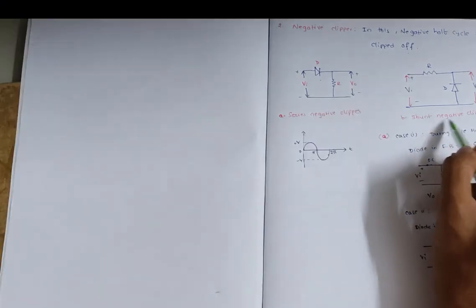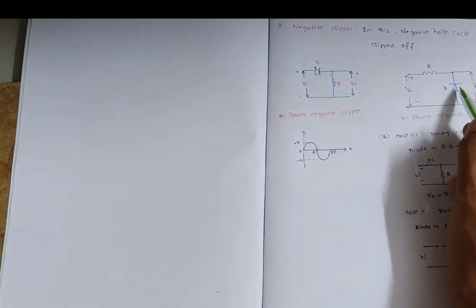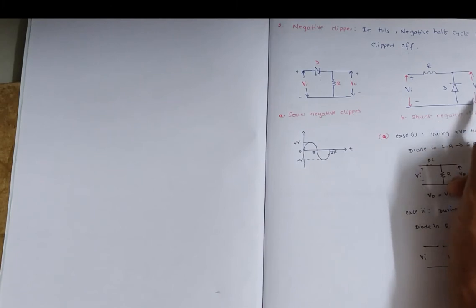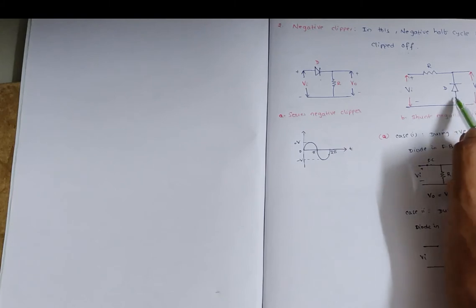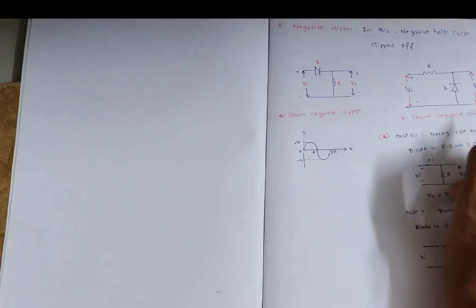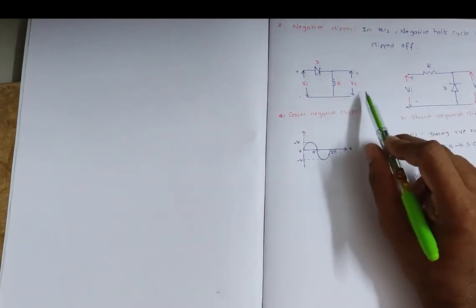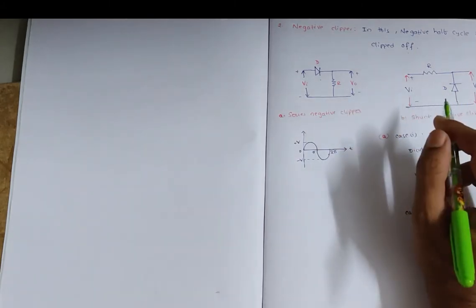In a shunt negative clipper, the nonlinear element diode is connected parallel to our output. So we are taking the output parallel, or shunt, to the diode. So it is a shunt negative clipper. In both these circuits the negative off cycle is clipped off.